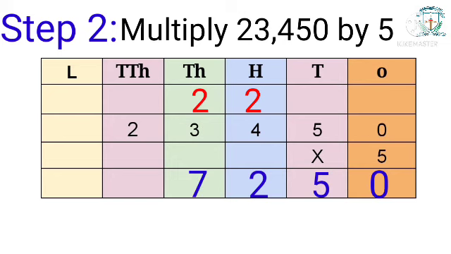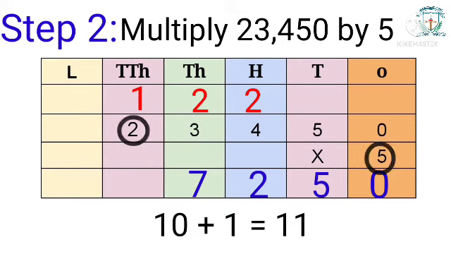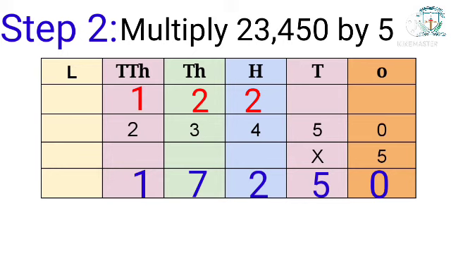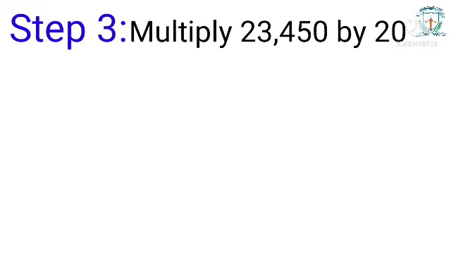Write 7 in thousands column and 1 as a carry forward to 10,000s column. 5 twos are 10. 10 plus 1 is 11. Write 1 in 10,000s column and 1 in lakhs column. So, the product obtained here is 1,17,250.